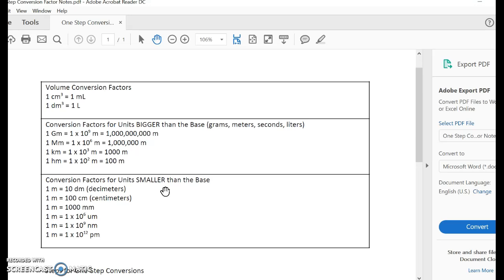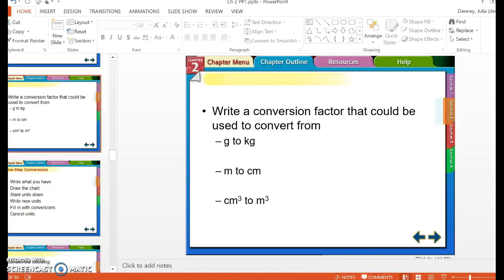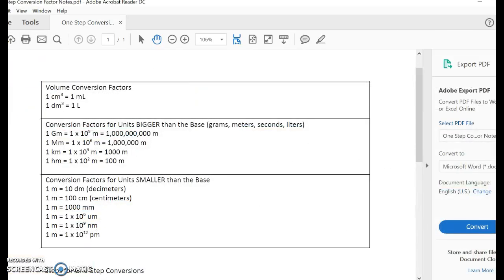So, when I am looking at a question such as this one, where it says write a conversion factor that could be used to convert from grams to kilograms, well, I can use grams, meters, liters, and seconds interchangeably. So where it says grams to kilograms, that could be meters to kilometers.